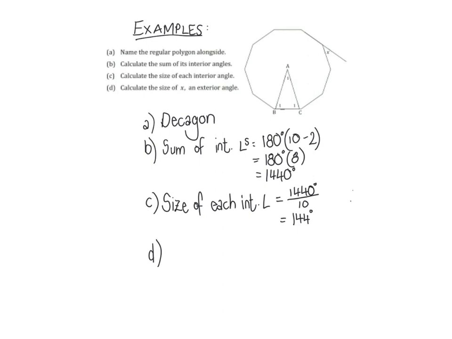So that means the size of each exterior angle would be obtained by dividing the sum of all of them, which is 360, by the number of angles once again. So each exterior angle would be 360 divided by 10 again, and it gives you 36 degrees.